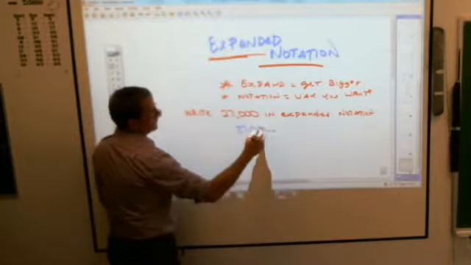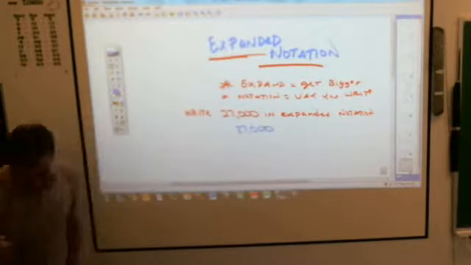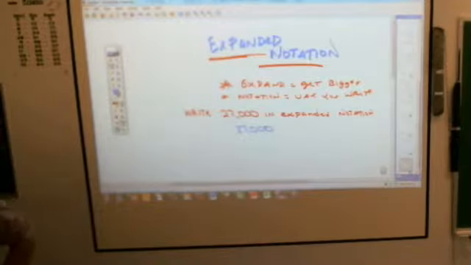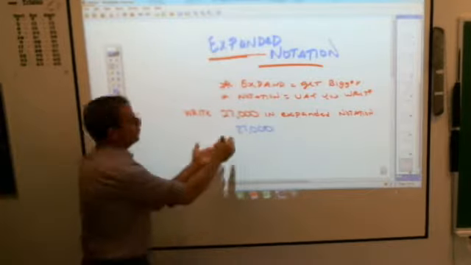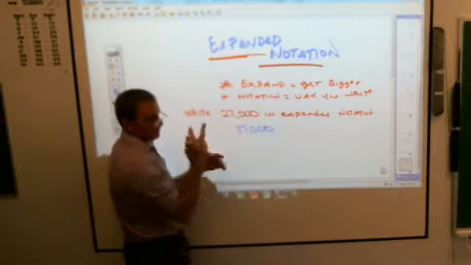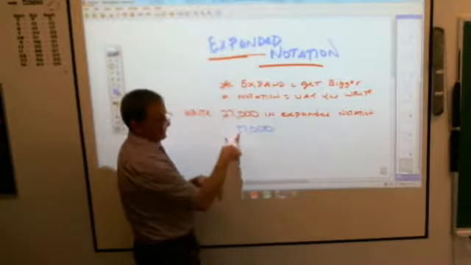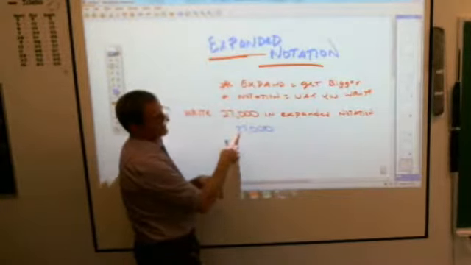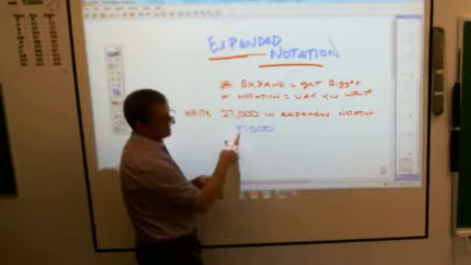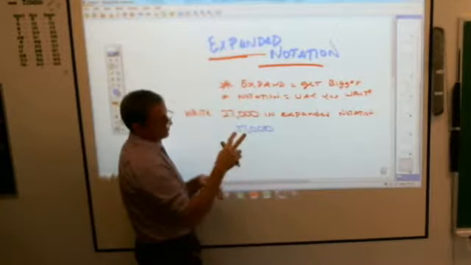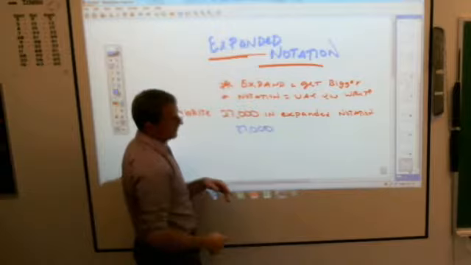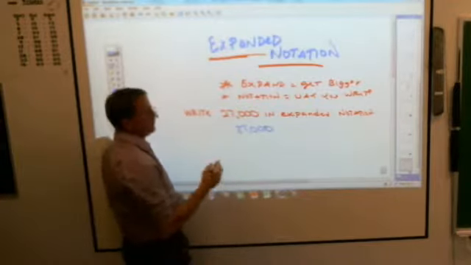And what expanded notation is, it's simply a way of showing place value, because this 2, because of where it's at, means more than just 2, like I'm holding up 2 fingers. If I have a 2 in this place, which is the 10,000ths place, it doesn't mean just 2, it means 2 10,000ths.